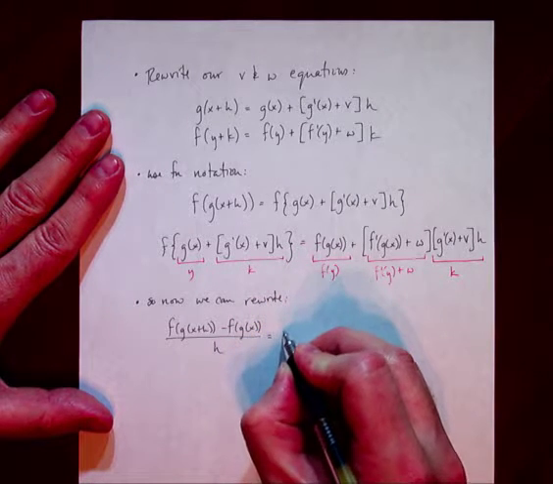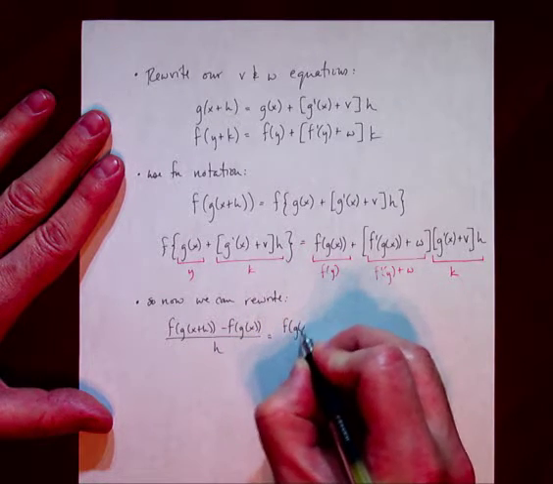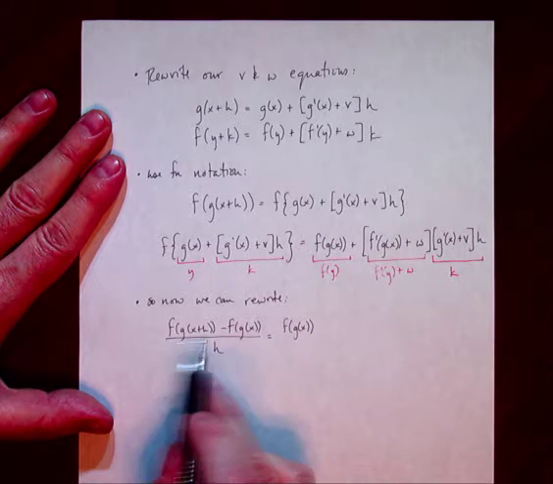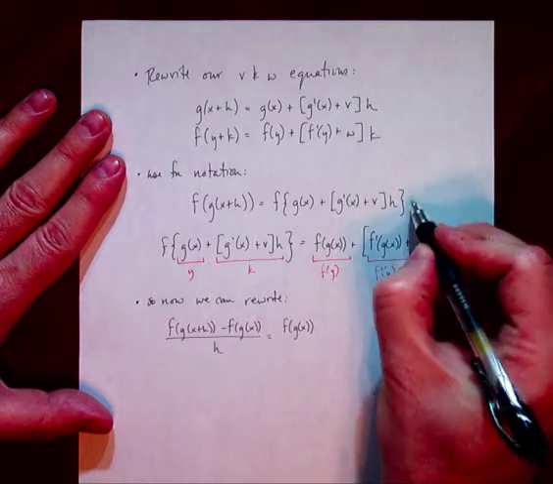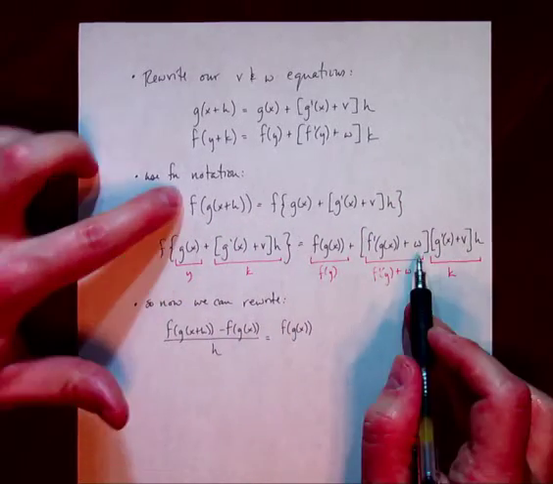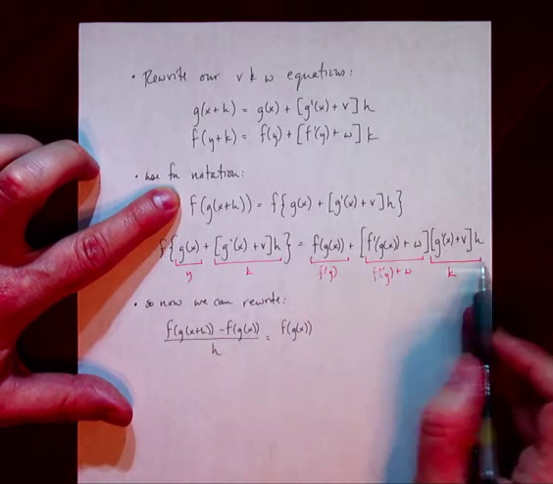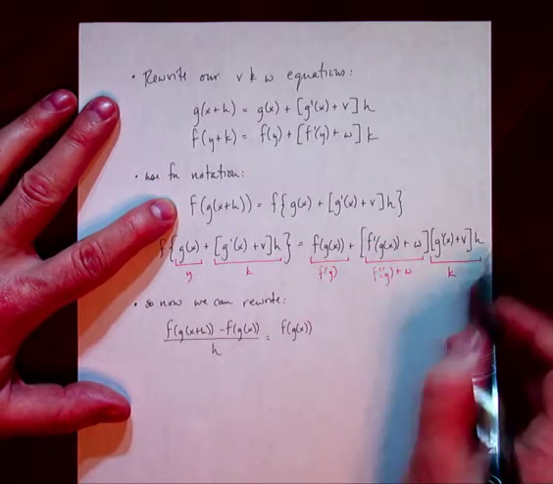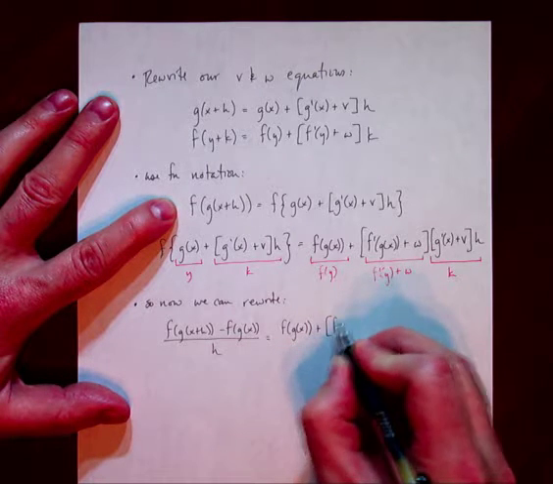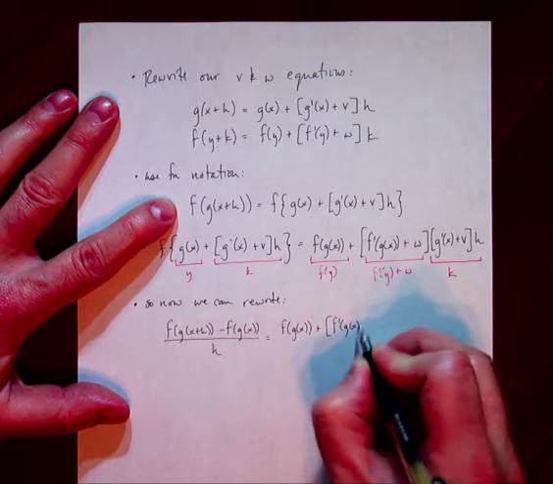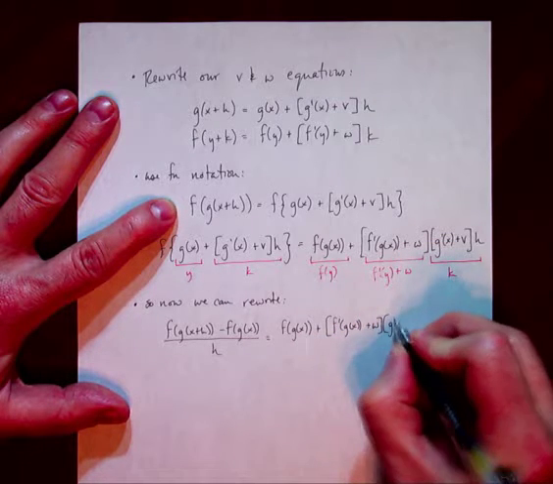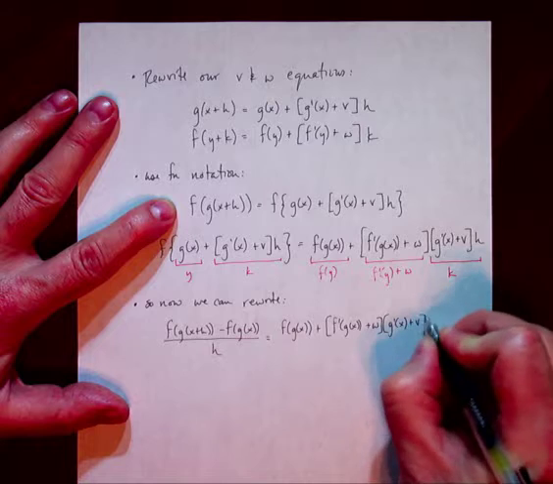What we have here is f of g of x, right? Because this whole thing is the g of x plus h. Because if g of x plus h equals this, and this equals that, then by the transitive property, this equals that. And so we're going to rewrite this quantity, plus f prime of g of x plus w, and g prime of x plus v times h.